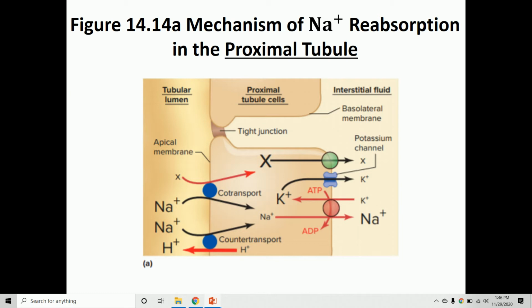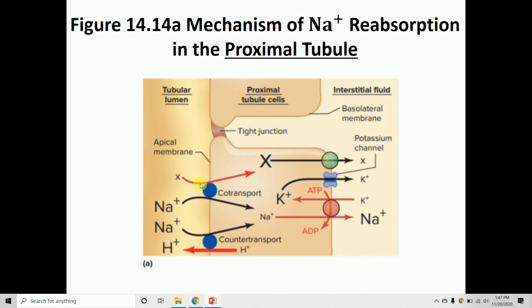Throughout all of these processes, you'll find that sodium will pass the basolateral membrane with the help of the sodium-potassium ATPase, the sodium-potassium pump, but it differs in how it crosses the apical membrane. In the proximal tubule, sodium is transported into the cell through active transport, and because sodium is kind of like a friendly ion, it sometimes co-transports other molecules with it.